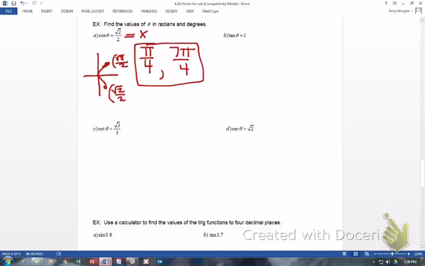Cosine's value is positive radical 2 over 2. You have a positive x value in two different quadrants. So that's why we have to have two different answers. Our directions officially say give our answers in degrees and radians, so that would be 45 degrees or 315 degrees.